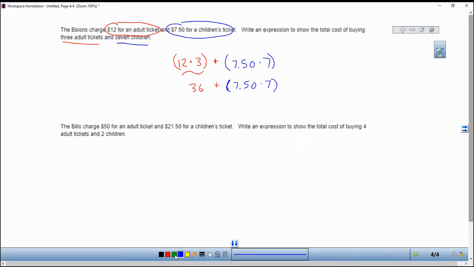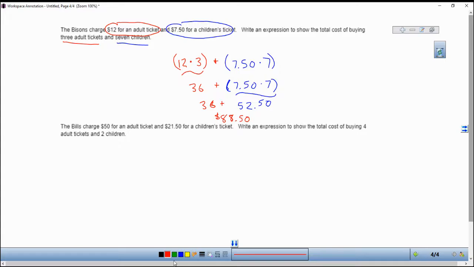So 49 plus 3.50 would be 52.50. Again, you'll have the calculator, but you still want to show the steps here. Plus 36, which would be 36 plus 52 would be 88, and then 50 cents would be 88.50. Nice. All right, last one.